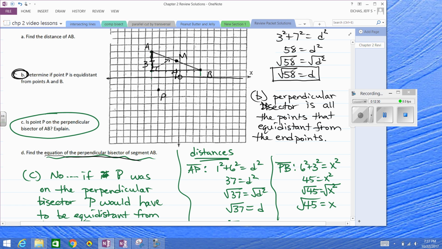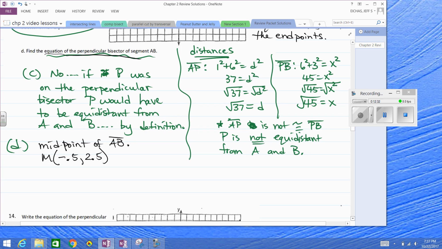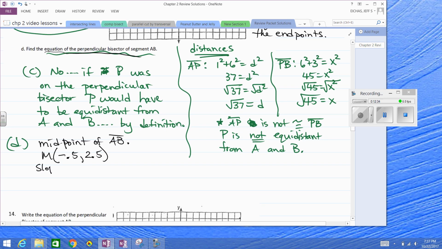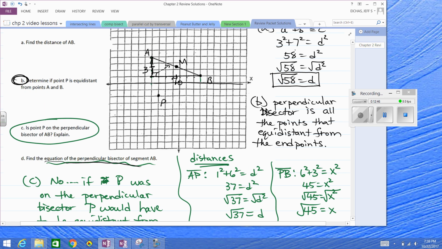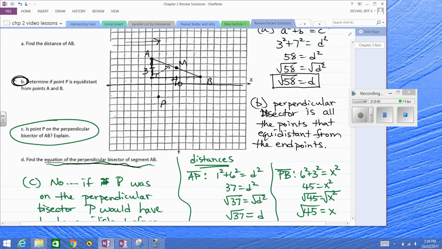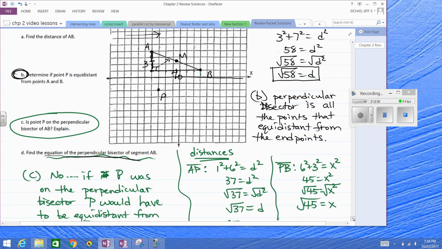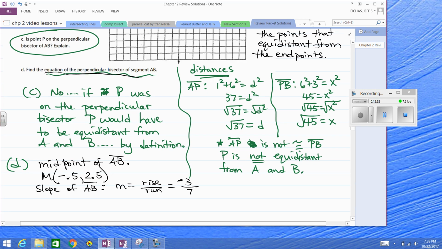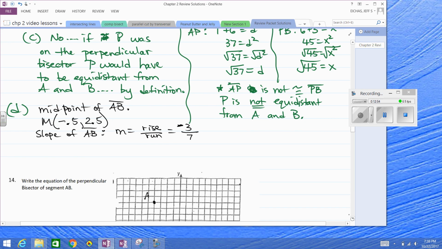All right, the slope of AB. Now if you remember, rise over run, right? The rise is the up and down, the run is the across, and then we have to determine if it's positive or negative. As we move left to right, it's going down, so we have a slope that's negative. Wow.